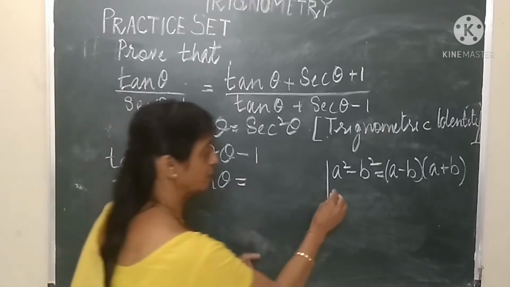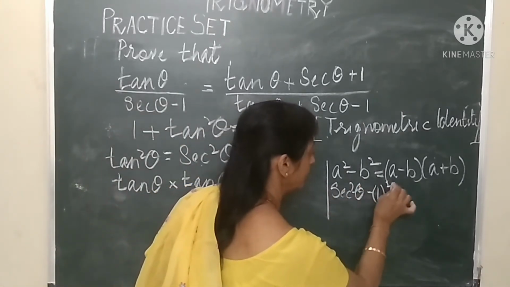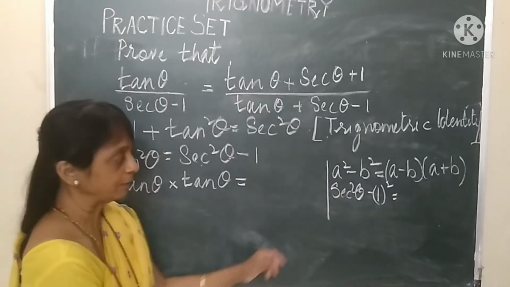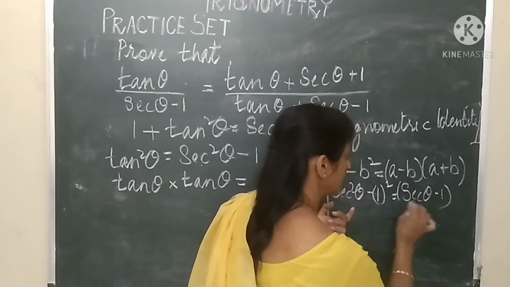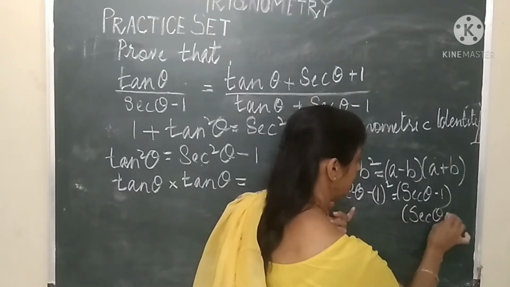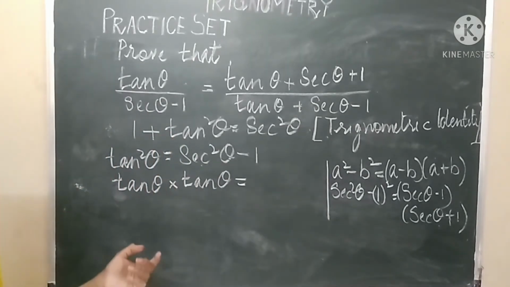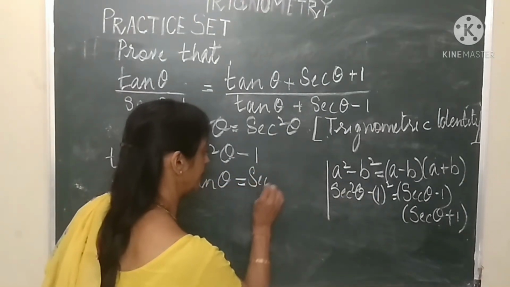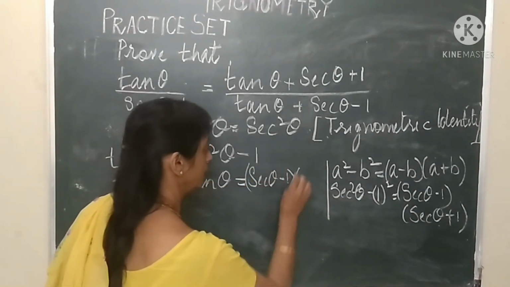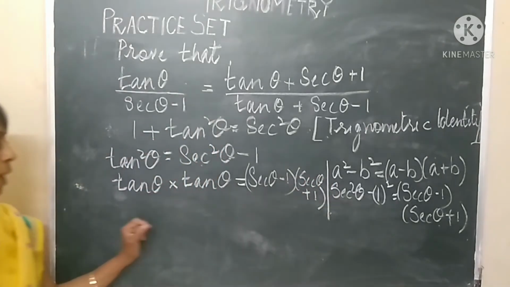That is sec square theta minus 1 square, that is 1, can be written as sec theta minus 1 into sec theta plus 1. So, let's move on further.